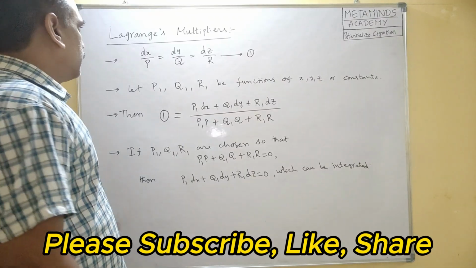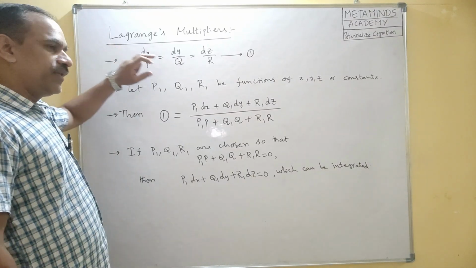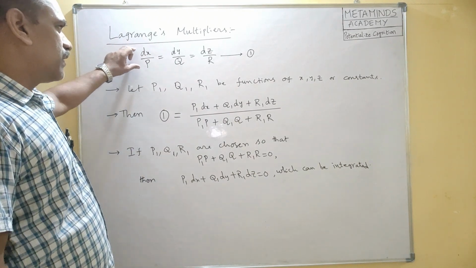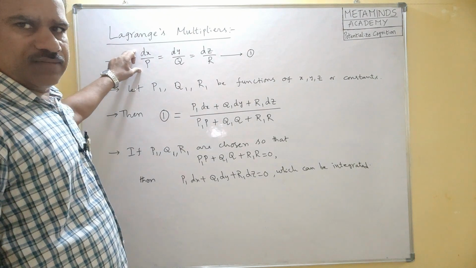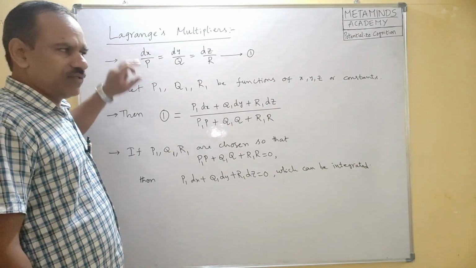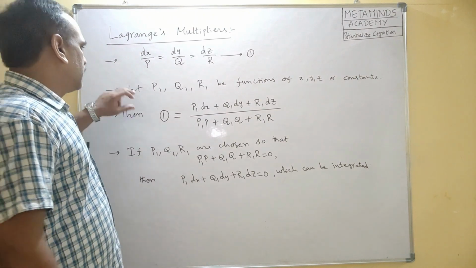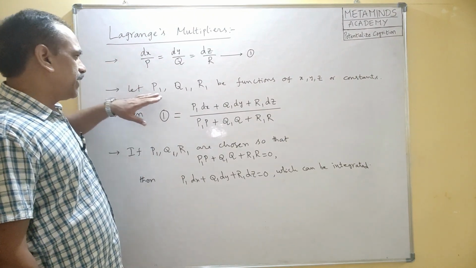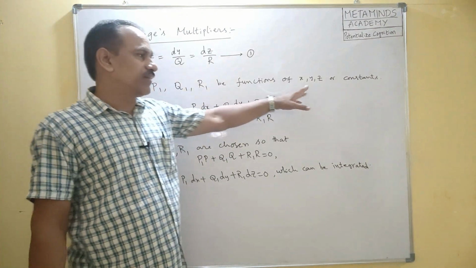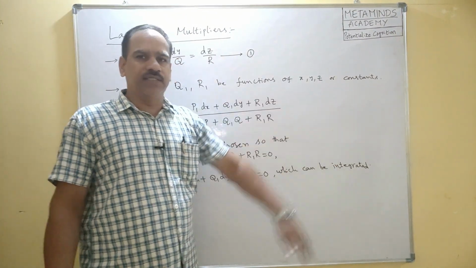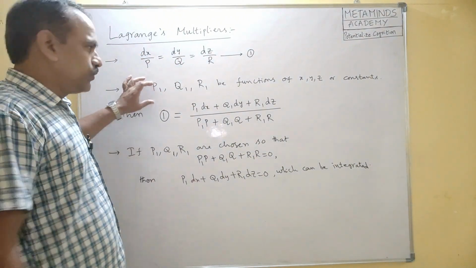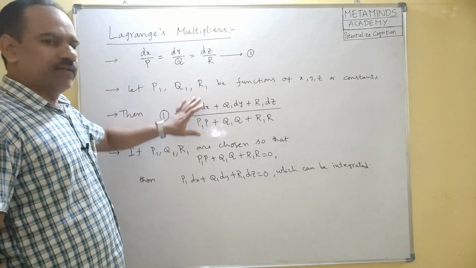Now there is a concept like Lagrange's multipliers. In this, we consider the Lagrange's auxiliary equations, also called subsidiary equations. Now you take any functions p1, q1, r1. They may be functions of x, y, z, or they may be constants. You can take them conveniently as required to make this integrable.